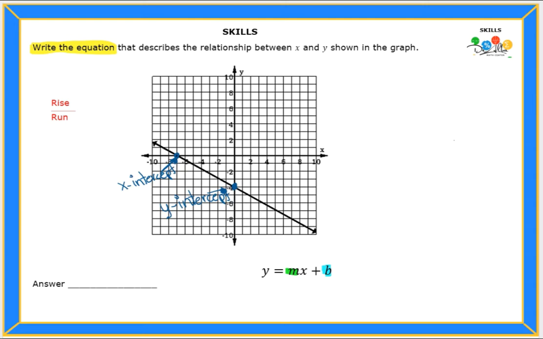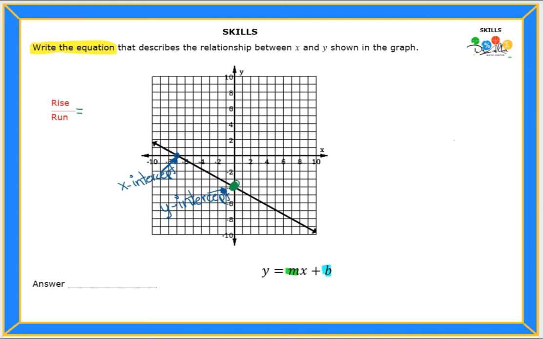Okay, so what I want to do next is the rise over run. I am going to go from the bottom point, which is right here, to the top one. So I'm going to go straight up. I'm counting by ones because my intervals are by one.